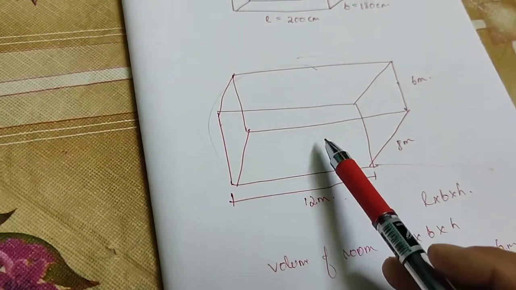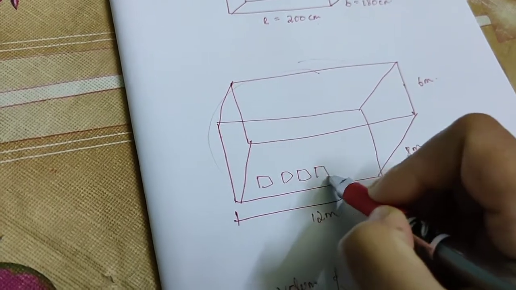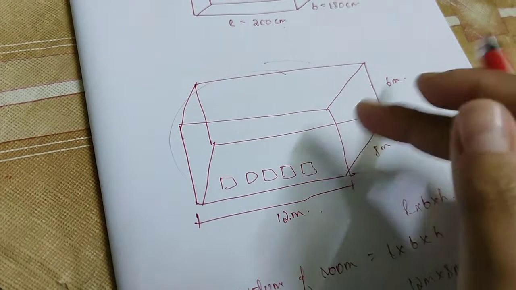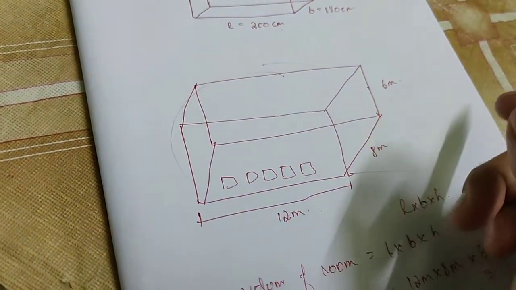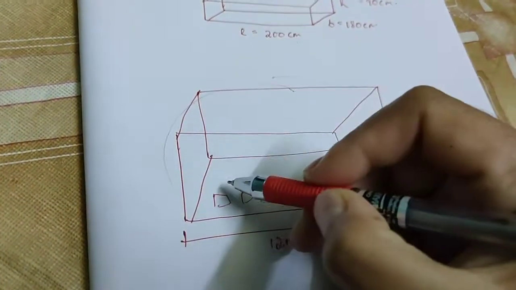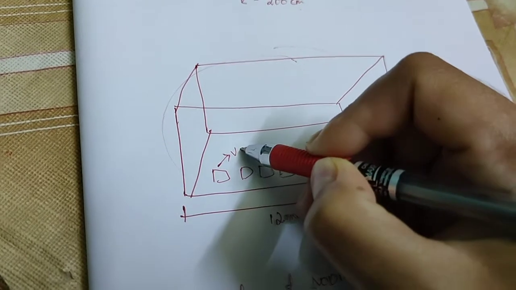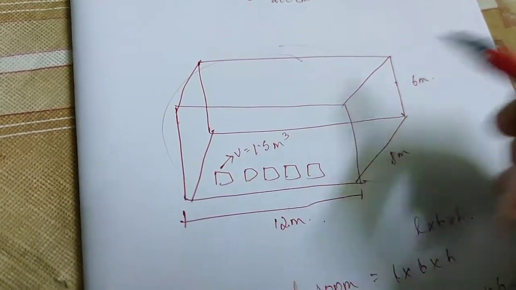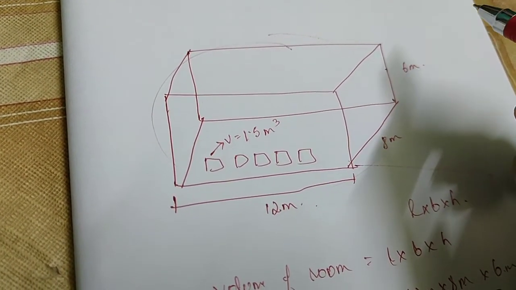That means how many of these small boxes can be fitted into this whole room. The volume of the box is given as 1.5 meter cube.